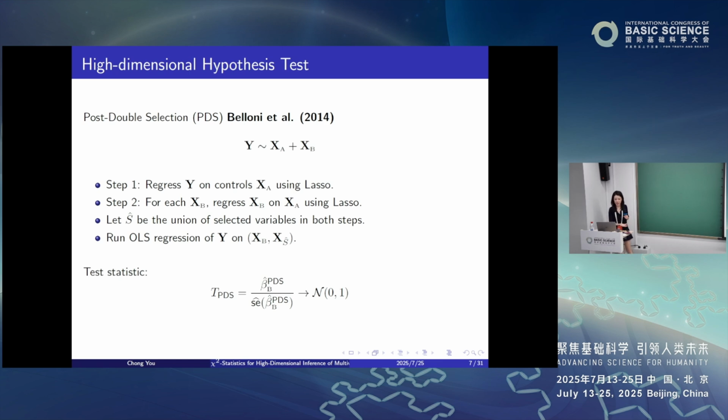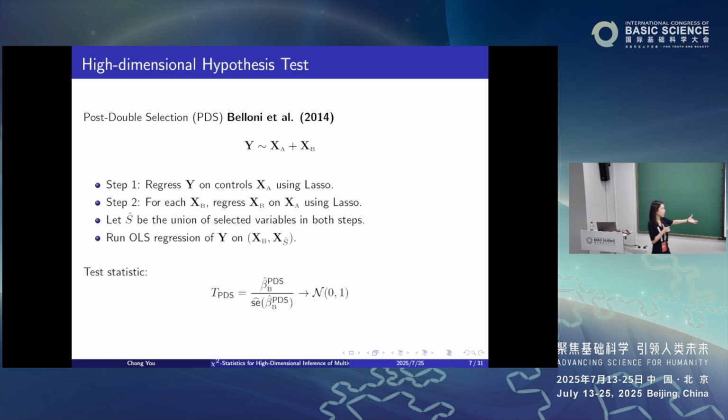Before we dive into details about high dimensional hypothesis testing, let's rethink the problem. As we mentioned before, the problem is that in high dimensional testing p is greater than n. But is that really because of p greater than n?